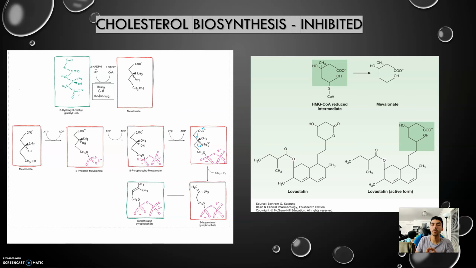I do like to point out that this is a reversible competitive inhibitor. So it's not going to cause major damage, in which case we're not going to have any cholesterol formed to produce the important products that we need, but instead reduce the formation to an extent that we can monitor cholesterol and make sure that we don't have so much excess that we are getting these atherosclerotic plaques.